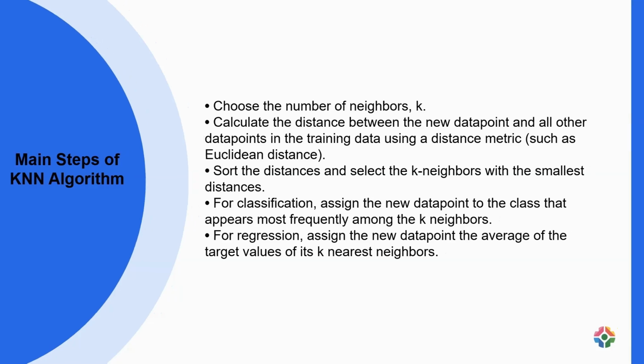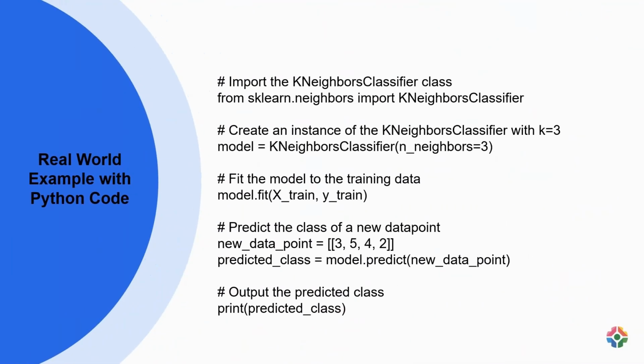like it. To classify data using the k nearest neighbors KNN algorithm in Python, you first need to import the KNeighborsClassifier class from the sklearn.neighbors module. Then, create a KNN classifier instance with a specified number of neighbors, for example, KNeighborsClassifier with n_neighbors=3.